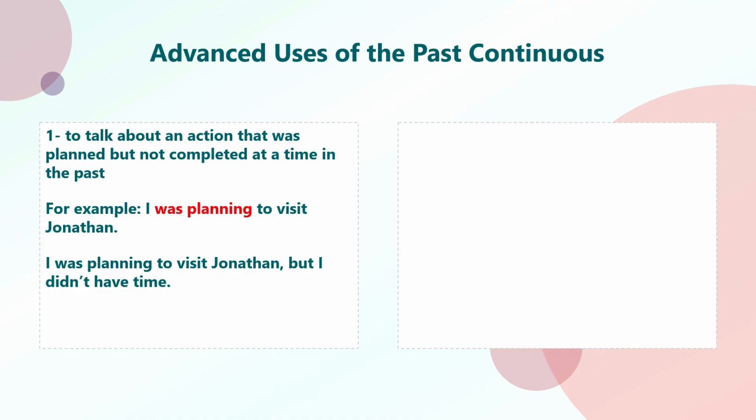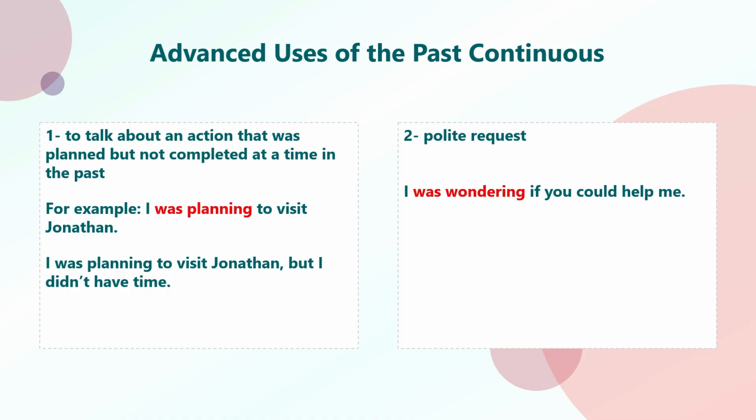Another way we use this tense is for a polite request. English often uses the expression, I was wondering if you could help me. Here, I was wondering is in the past continuous, but it's just a polite way of saying, could you help me?